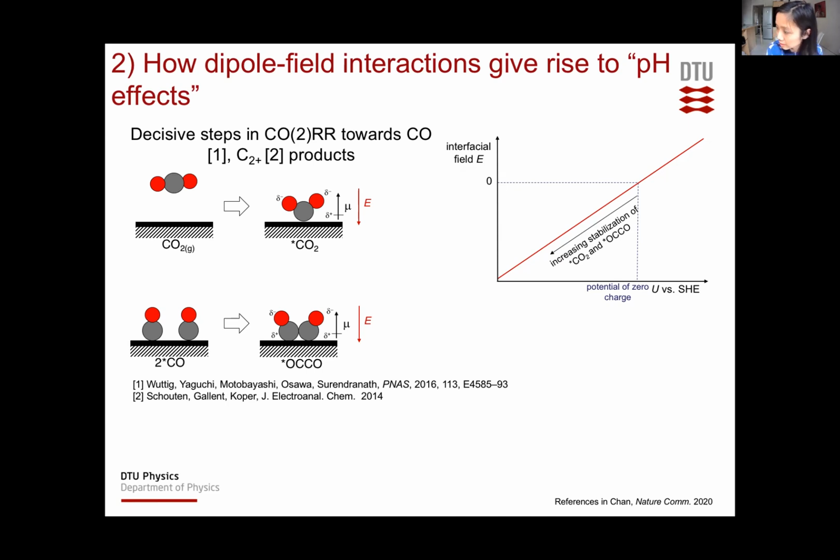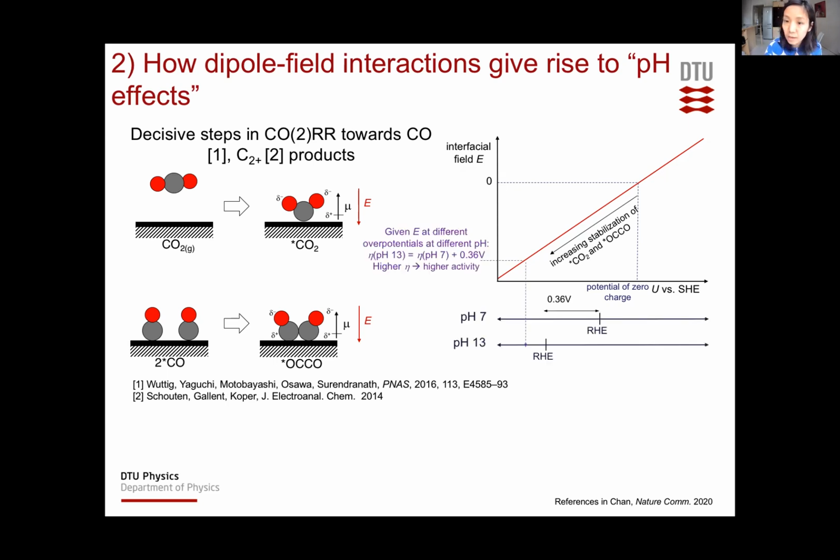But on an RHE scale, which determines the efficiency of proton-electron transfer processes in general, a given stabilization would correspond to a very different potential and overpotential for the process. So for instance, between pH 7 and 13, a given field would correspond to an overpotential that differs by 0.36 volts.